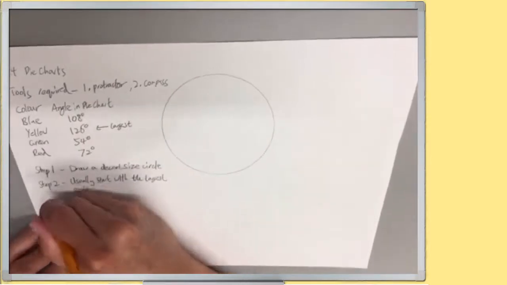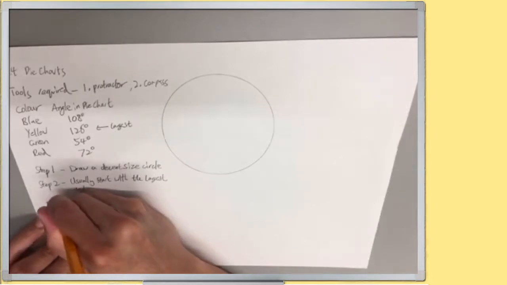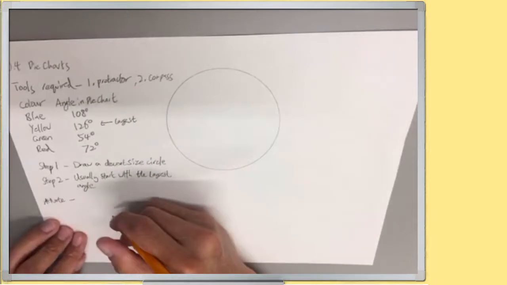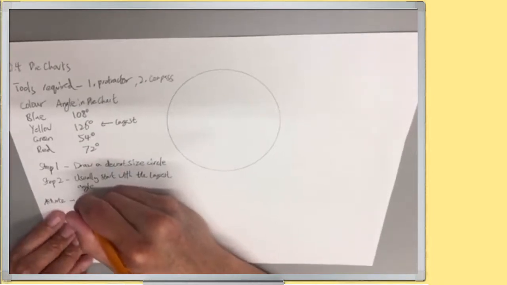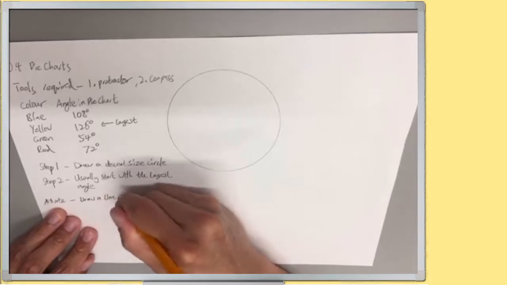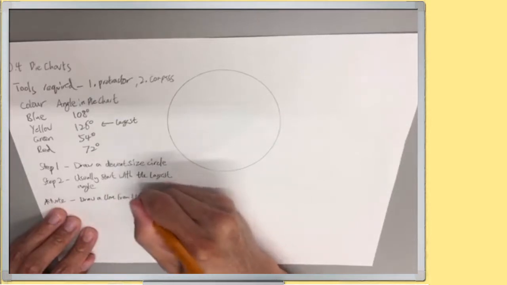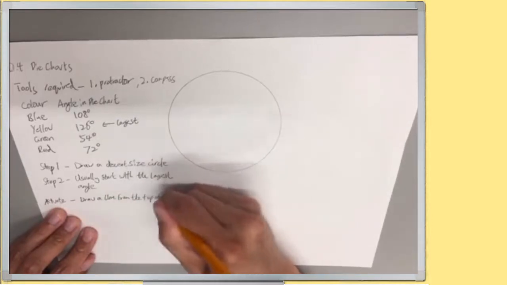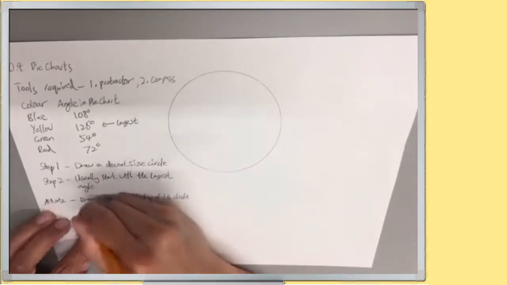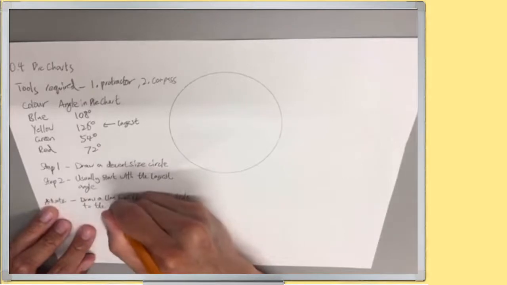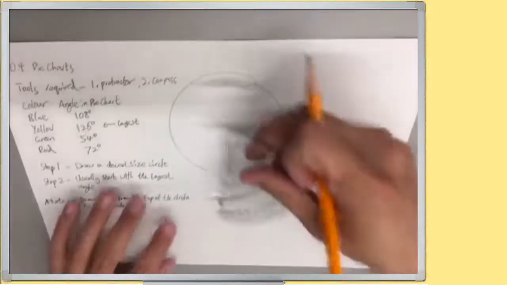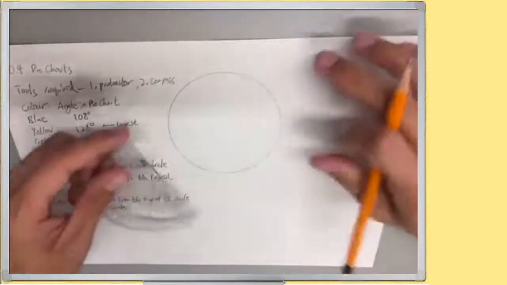Most important, note over here, we need to draw a line from the top of the circle to the center first. So I'm always going to start off from the very top.